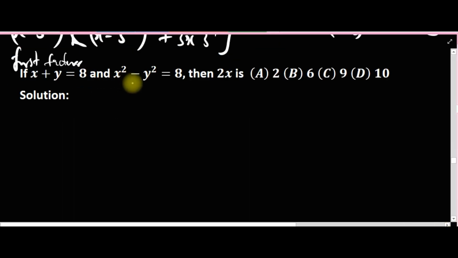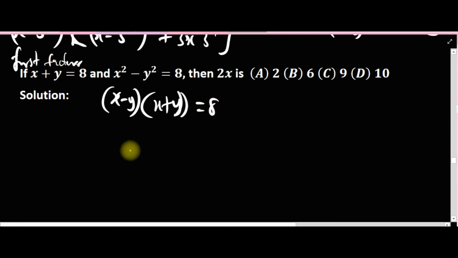Given that x plus y equals 8 and x squared minus y squared equal to 8, find 2x. Okay, let's start with this difference of 2 squares. So we can write this as x minus y, x plus y equal to 8. But they told us that x plus y is 8, so I will write this as 8 times x minus y equal to 8.